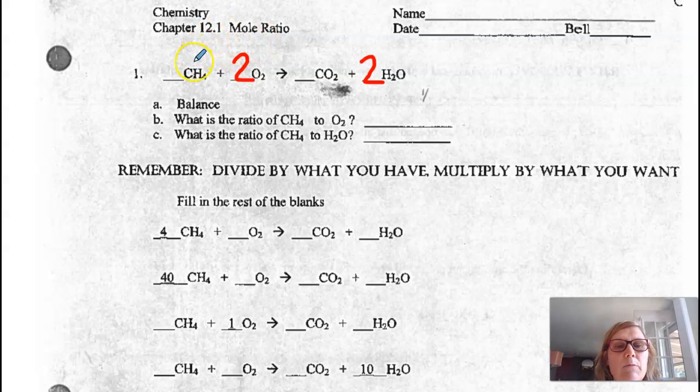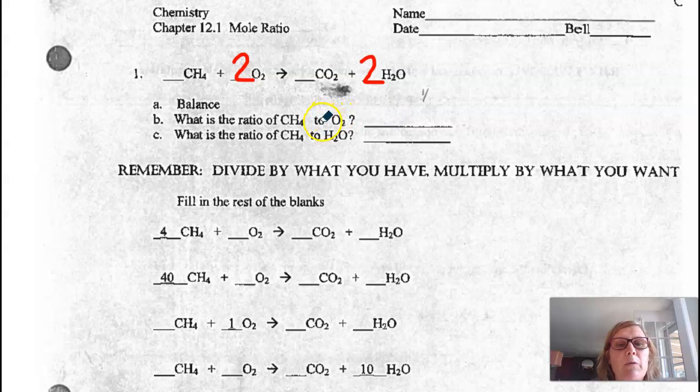So what does that mean in terms of ratios? It means 1 mole of CH4 will produce 1 mole of CO2, or 1 mole of CH4 will react with 2 moles of O2. What is the ratio? Oops, I messed up. Let me go back up here and scratch it out.